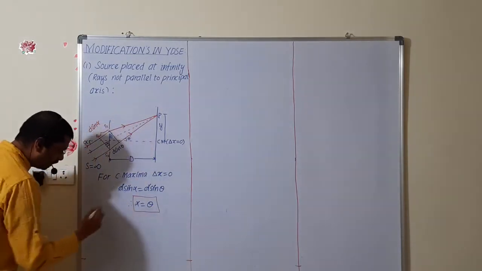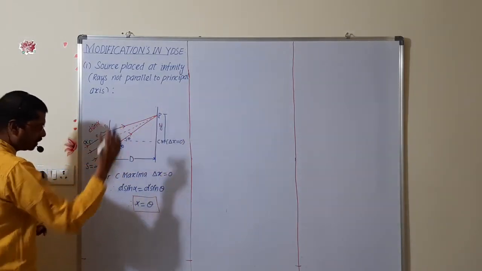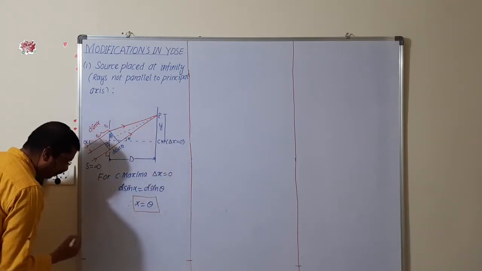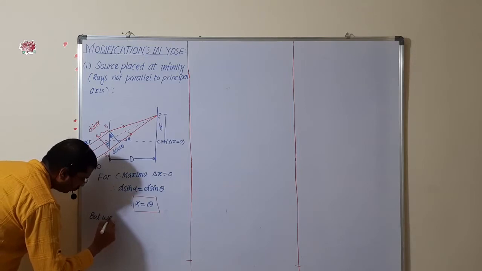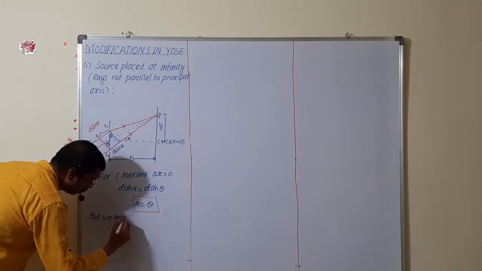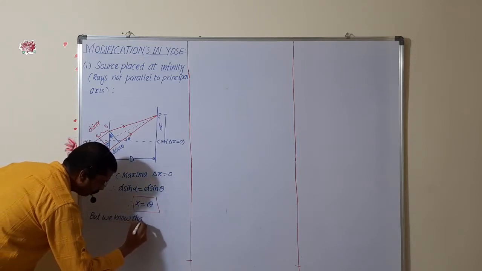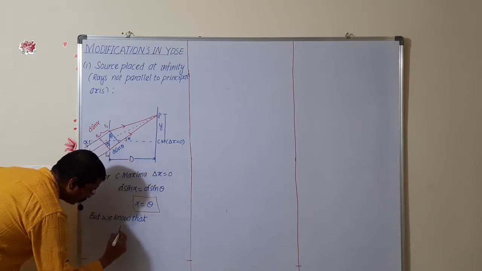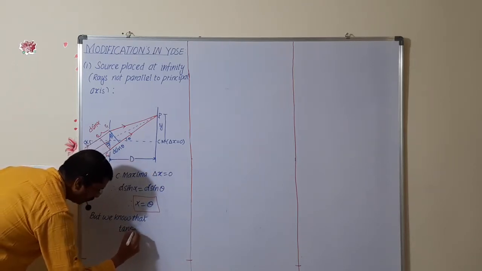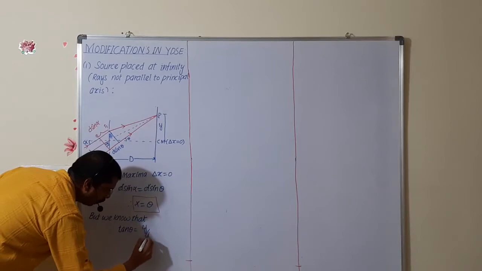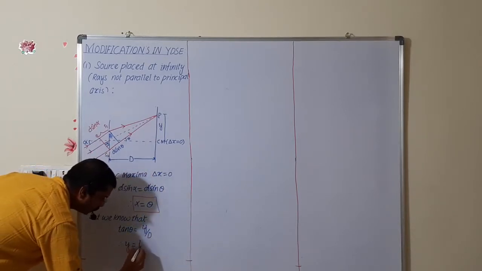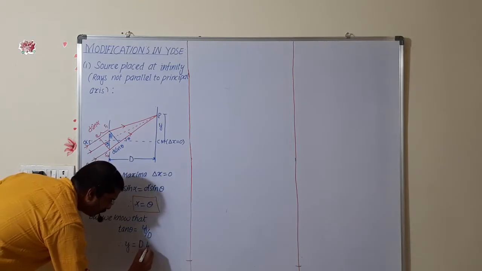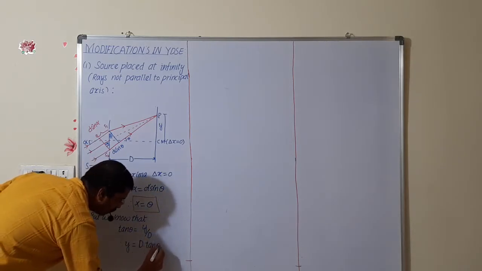Then we can find the position of the fringe. We know that tan theta equals y upon D, therefore y equals D into tan theta.